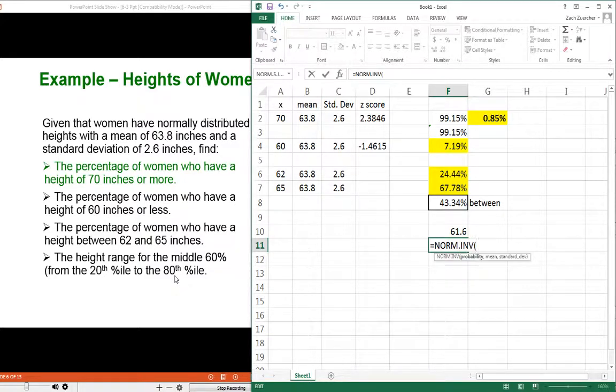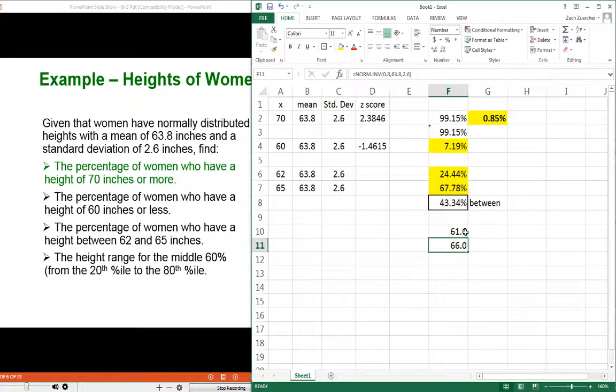And again, it starts out with the probability, then the mean, which is 63.8, and the standard deviation, which is 2.6. Close that up, and that is 65.9822. If we take that down to one decimal place, that's just going to be 66.0.